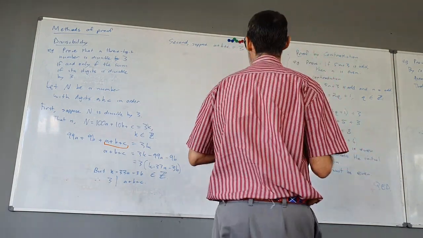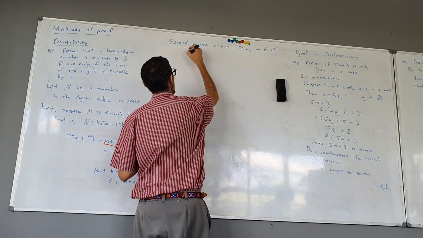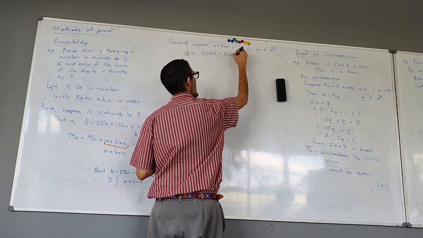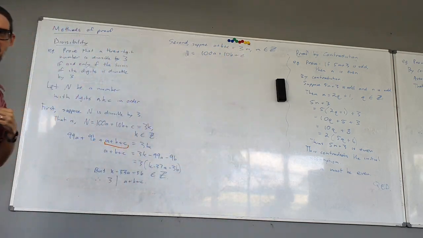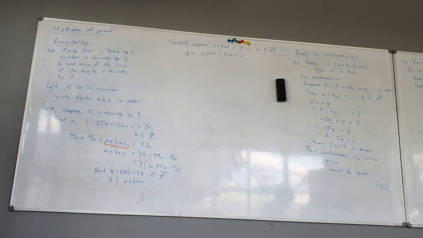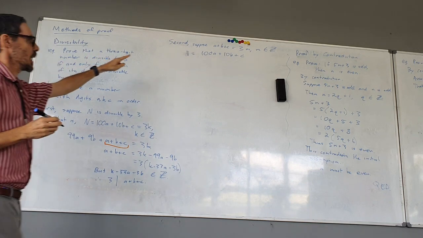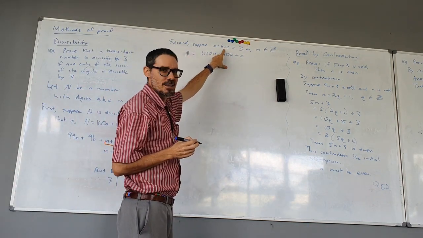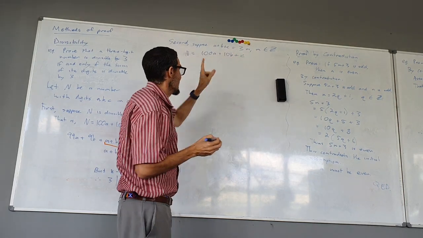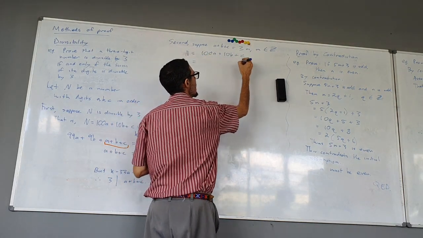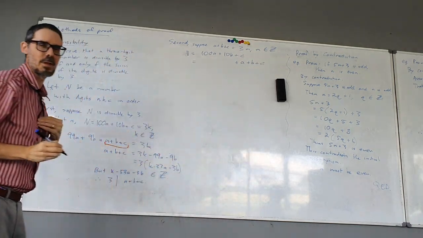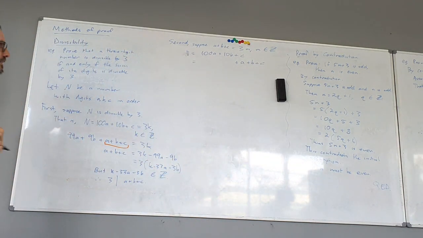Well, n we know is 100a plus 10b plus c. This is not quite exactly going back, but it's related to it. We know that's my number, and we know that a plus b plus c is 3m. So let's again get that separately: plus a plus b plus c, and what have I got left?